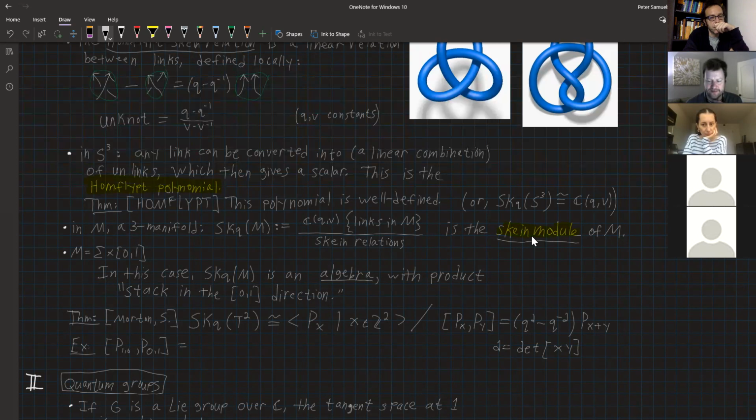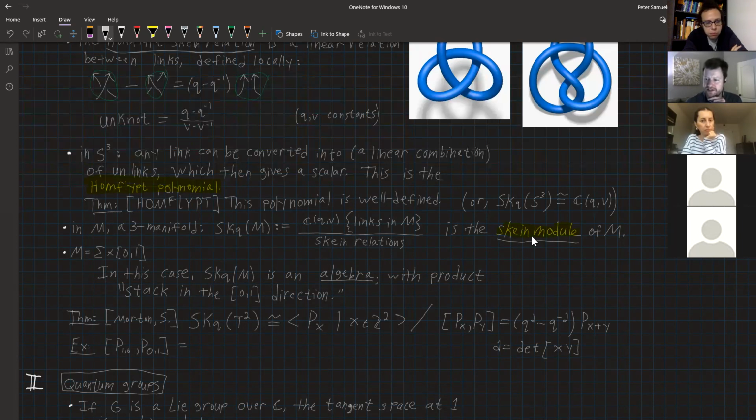So it's generated by some elements p sub x, where x is an element in Z squared. So you should think of Z squared as, I guess, the homology of the torus. Yeah, for every element in Z squared, we pick a generator in some way.